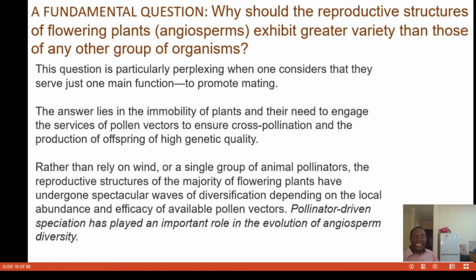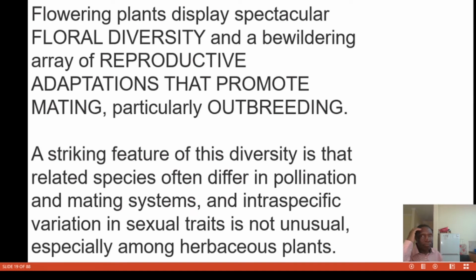Pollinator-driven speciation has played, indeed, a very important role in the evolution of angiosperm diversity. And it is in that respect that we see flowering plants displaying spectacular floral diversity and a bewildering array of reproductive adaptations that promote chiefly mating, particularly for outbreeding species.